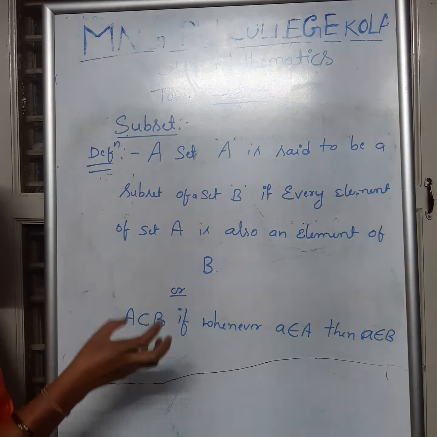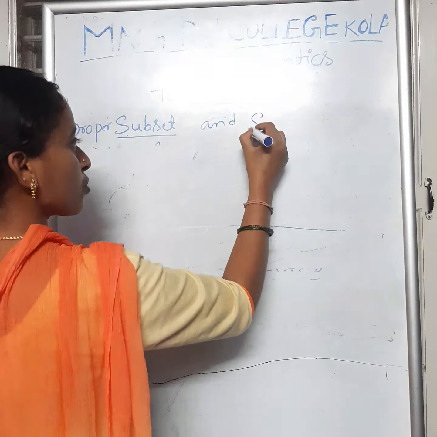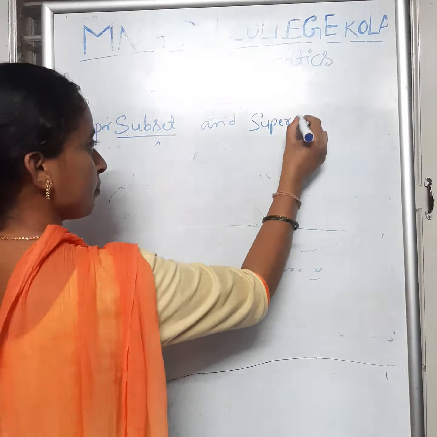Next, what is the definition of proper subset and superset? Let A and B be two sets.